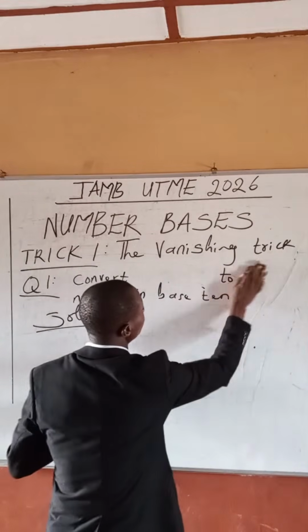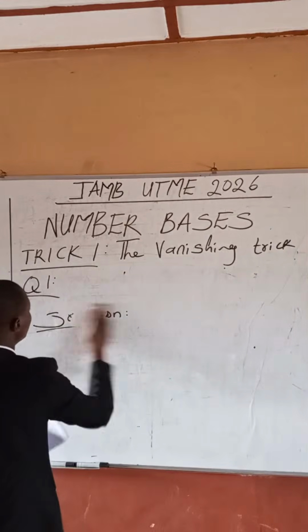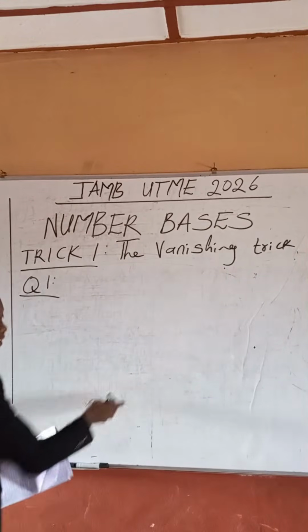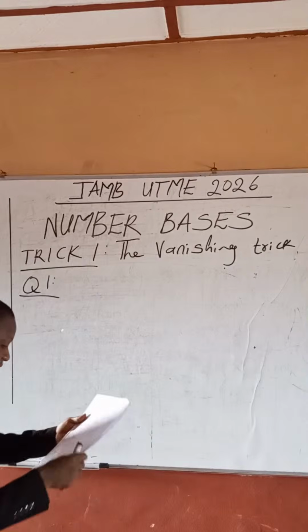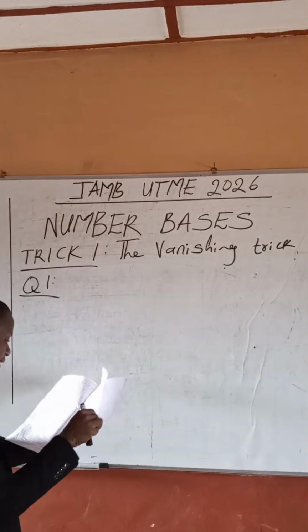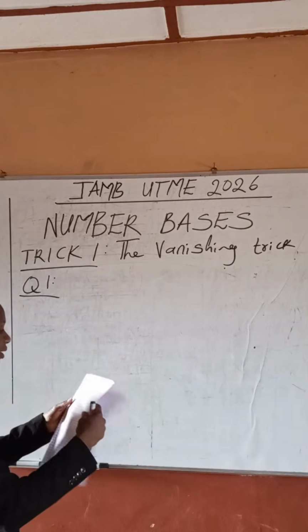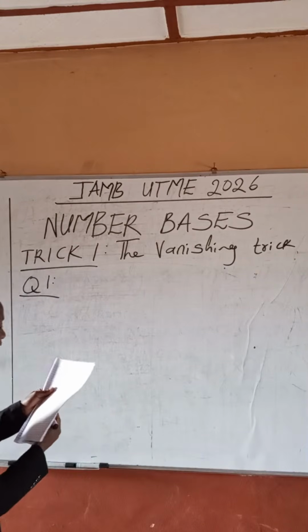We are still going to use this one here also, but let's look at question number 2 using the vanishing method. Okay, the 10 tricks alone. So let's look at this. This is an equation. Okay, I'm bringing this for our own understanding.